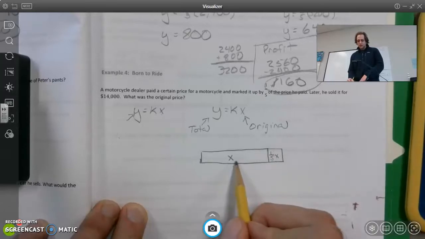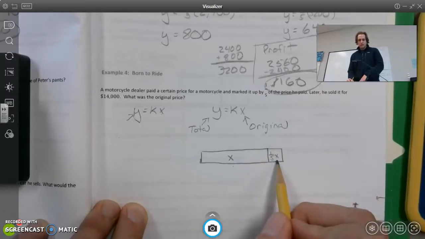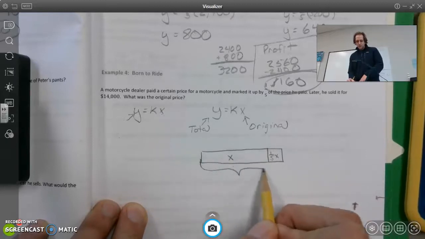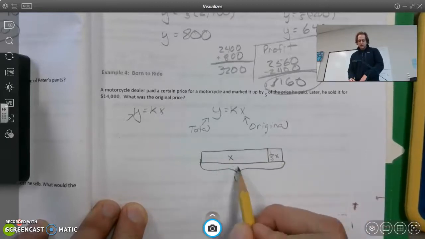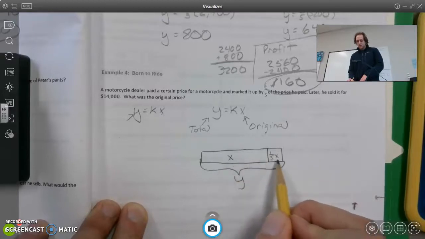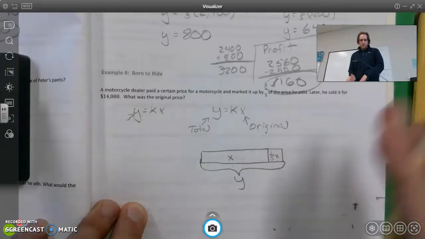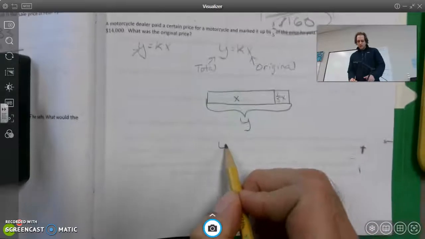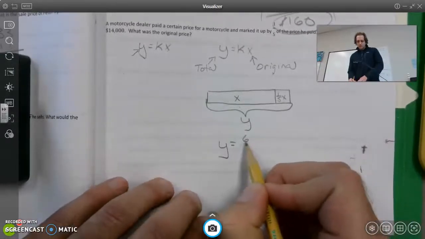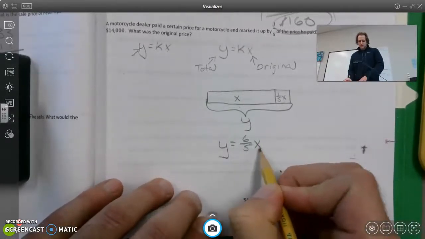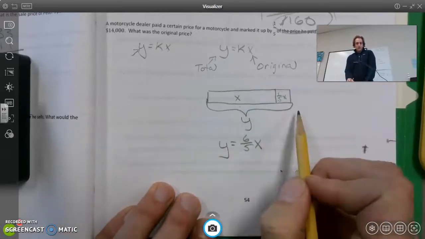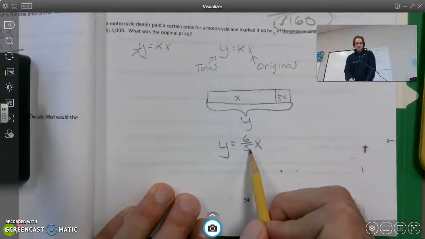Whatever that cost was, he added 1/5 of X to it. So now I can say that his new price, the total price, Y, is equal to X plus another 1/5 of X. Or we could say that the proportional relationship here is Y is equal to 1 1/5 X, or 6/5 X.